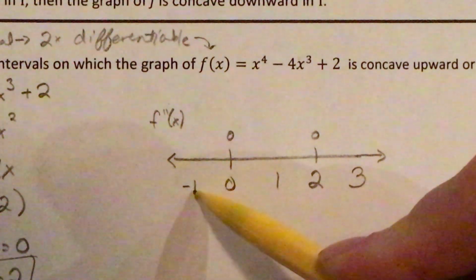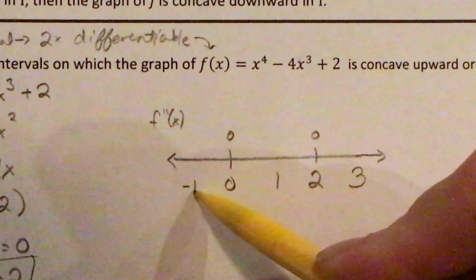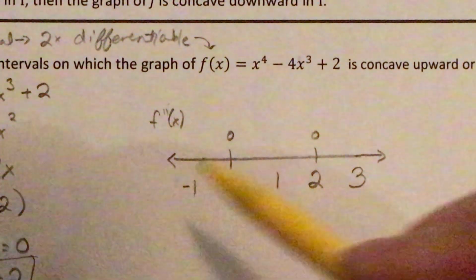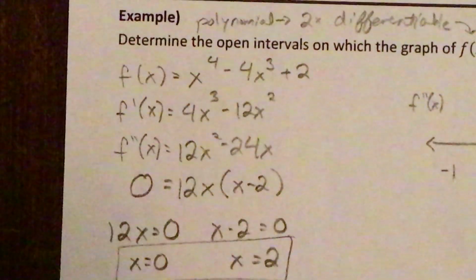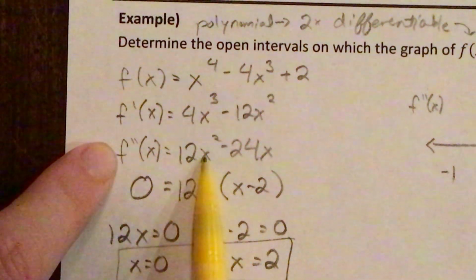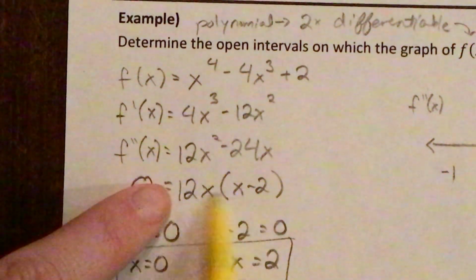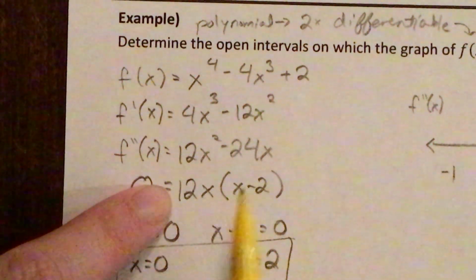I'm going to show you how to plug that into the factored version of f double prime instead of the original function, but you can just plug it into the original f double prime function. So you can plug in -1 here and here, or you can plug it in here and here. And this is the one we're going to test out today.